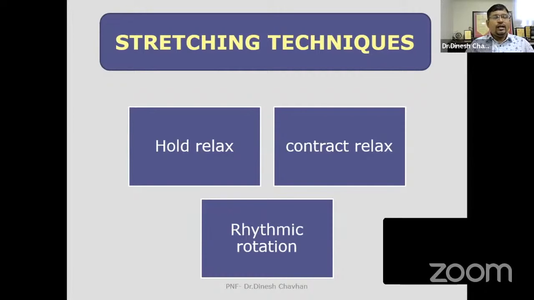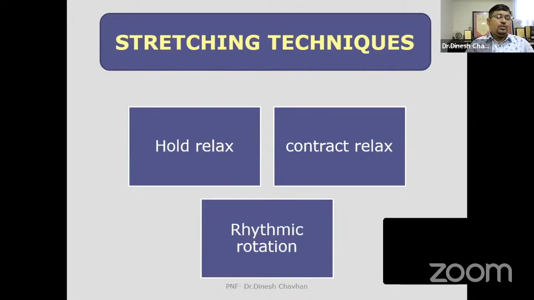Direct hold relax: suppose the hamstring is tight and we want to stretch it. We give resistance to the hamstring only, it stays there, attains the hamstring position, and after some time the same muscle relaxes. The main goal is to reduce the tightness of the hamstring muscle.